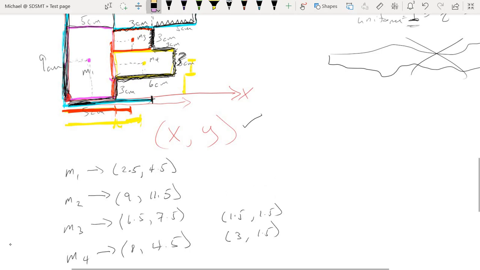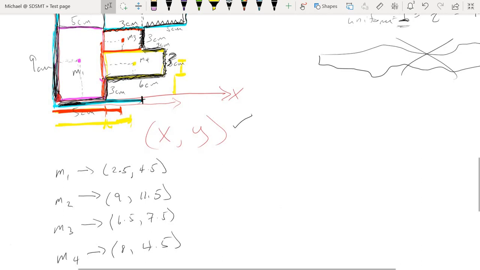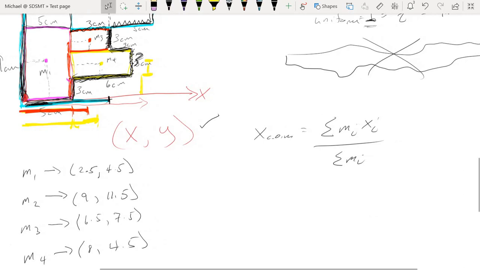Alright, and this tells us the physical location of each of those symmetric segments. So how does that help us? Well, now I know the x and y components of all of those masses. And so we can take that information and plug it into the equations that we made up top that tell us what the center of mass for a system of particles is.